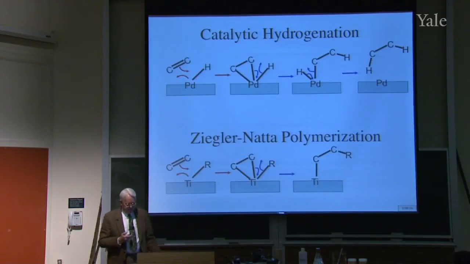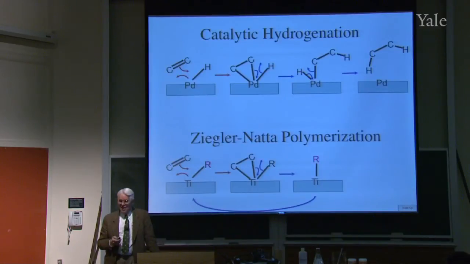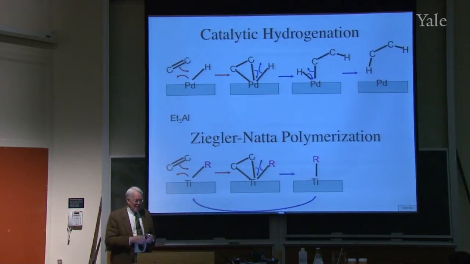But now, that we could just call a different R group. It's not the original R group, it's the R group with 2 carbons in between, right, that we just brought in. Now what can you do? You can bring it back to start over again, right? And that'll be the R. And then you bring it in, and that's the R. And then you do it again and again and again, and you can make a very long chain of ethylene molecules, for example.